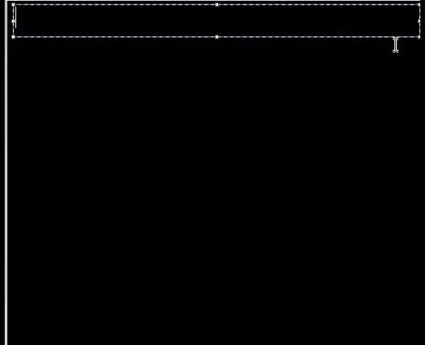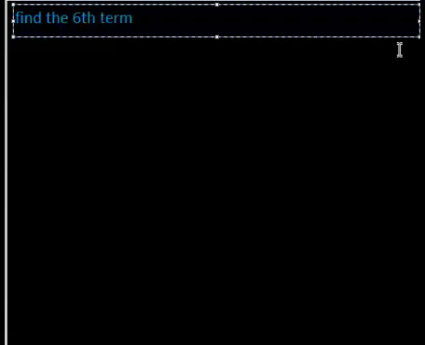It says, find the sixth term of the expansion of (4a minus b squared) all raised to the power of 10.